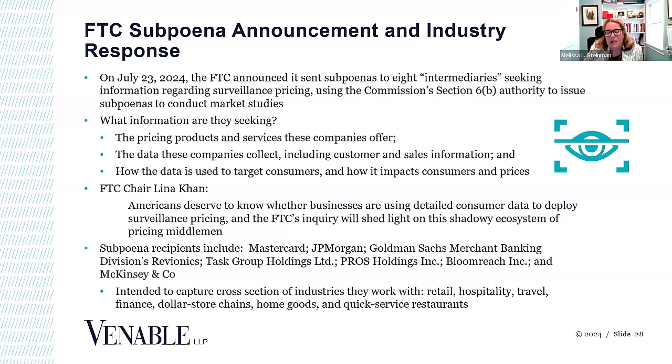So ultimately, the FTC is looking at what kinds of products and services they're offering, what they're collecting, and how the data is being used to target consumers and how it impacts them. The companies involved right now are things like MasterCard, JP Morgan, Revionics, which is part of Goldman Sachs, and the like. And they work with the retail, hospitality, travel, finance, home goods, and restaurant industries to help with pricing and the like.